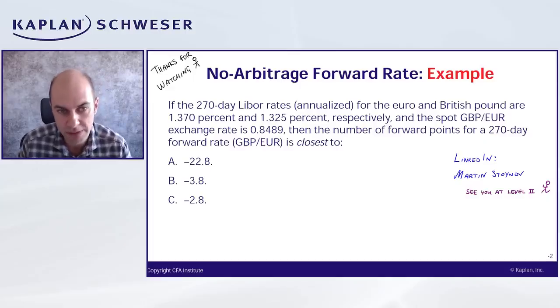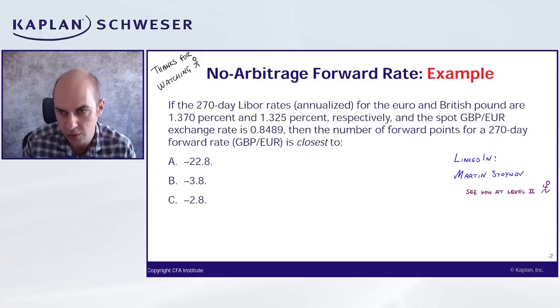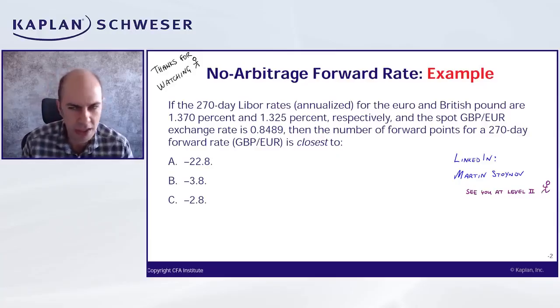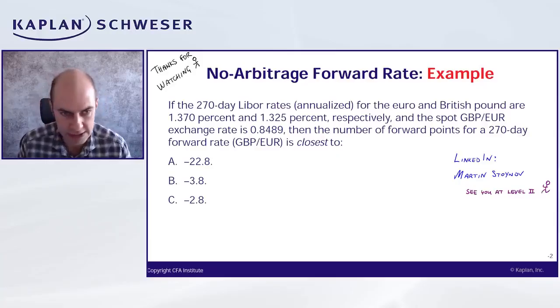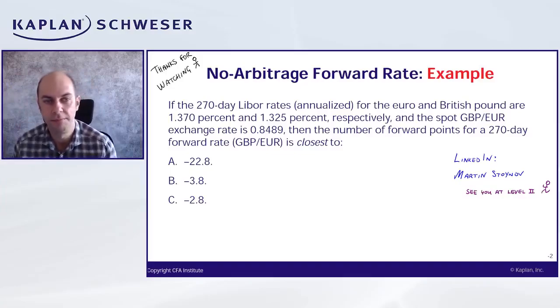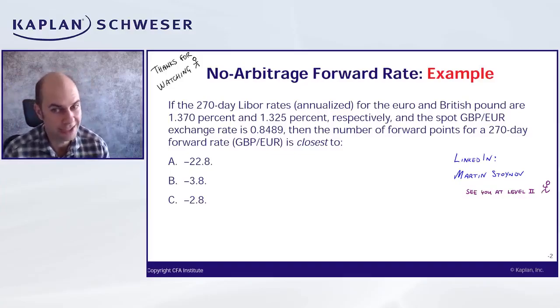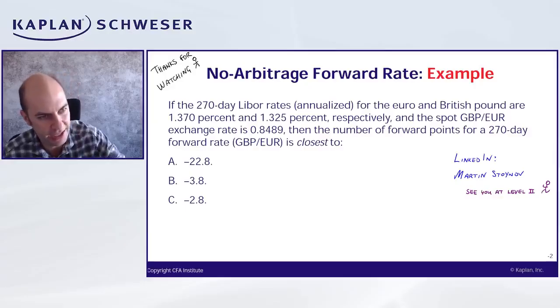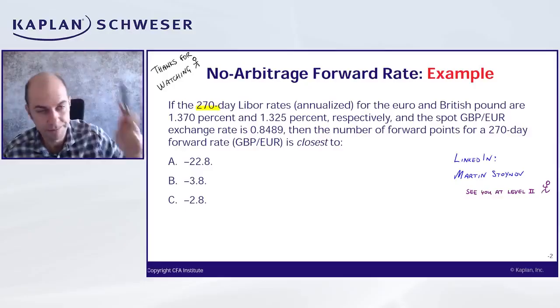Okay, so if the 270-day LIBOR. Now, of course, LIBOR is being phased out, so in many questions you might see MRR, which is market reference rate, but you might see some legacy LIBOR references as well. So here we've got LIBOR, it's annualized, but we're using a 360-day count convention in this question, and I can see this by the use of this terminology.